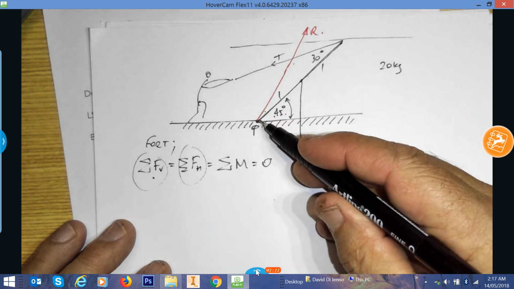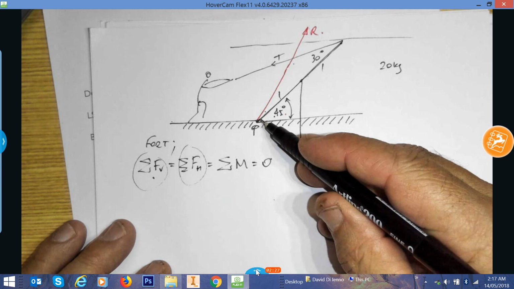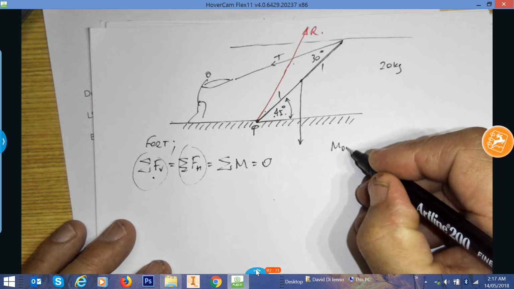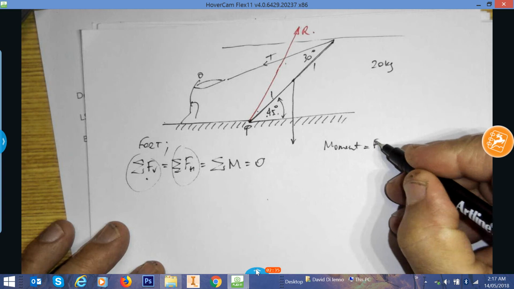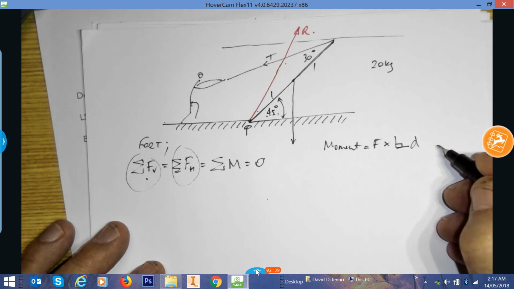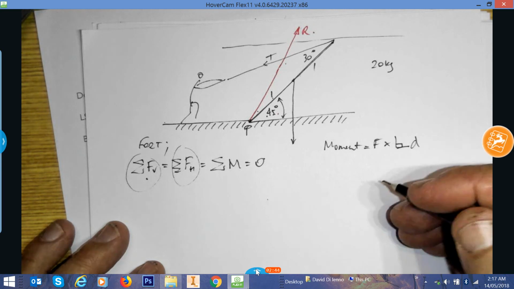If we take moments and try and balance moments about this point, keep in mind that a moment is equal to a force multiplied by the perpendicular distance of that force from a pivot point, because it creates a turning moment.